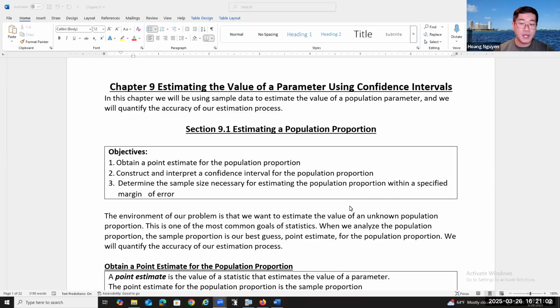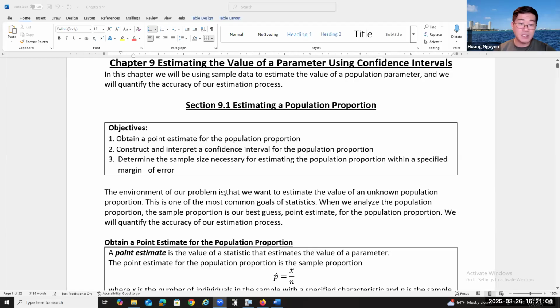The environment of our problem is that we want to estimate the value of some unknown population proportion. Most of the time, we don't have access to the entire population, which is why we usually don't have the answer for the population parameter.